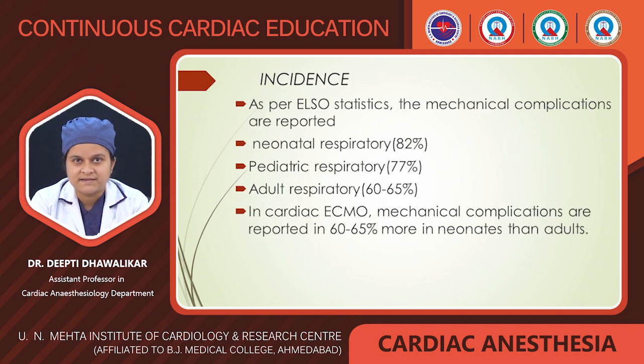Now coming to incidence, as per the ELSO statistics, the mechanical complications reported are maximum in neonatal respiratory ECMO, that is 82%, in pediatric respiratory 77%, in adult respiratory 60 to 65%. In cardiac ECMO, mechanical complications are reported in 60 to 65%, more in neonates than adults.